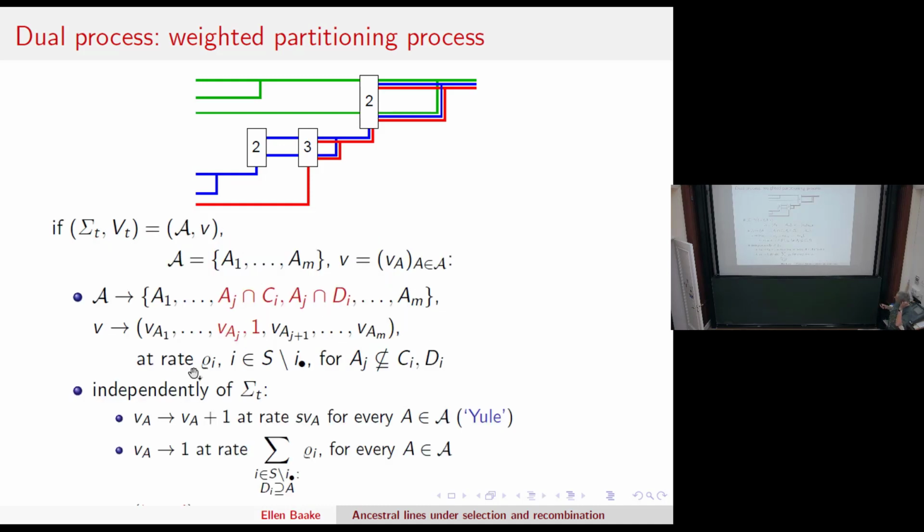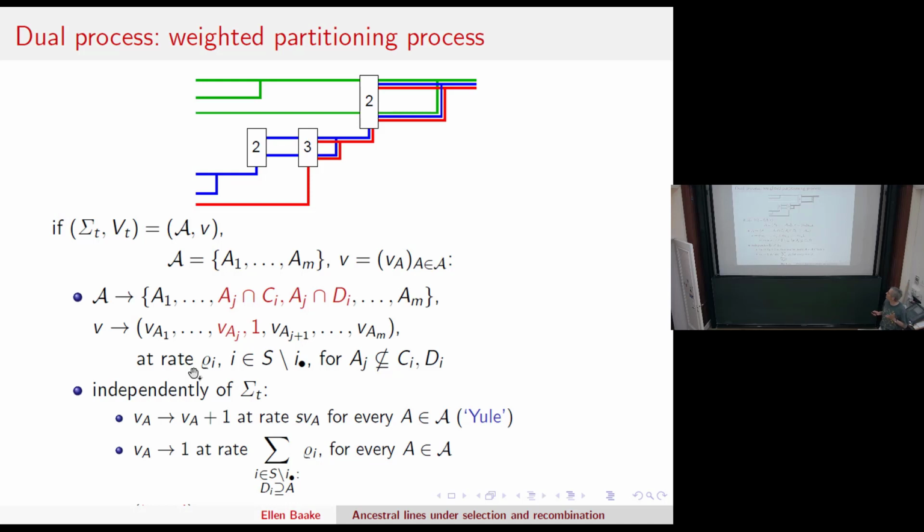More precisely, if the current state is partition A and weight vector v, partition A with blocks A_1 to A_m, then 3 things can happen. First, every block, say A_j, can split into an i-head part and an i-tail part, and that happens at rate ρ_i whenever this is a true split.